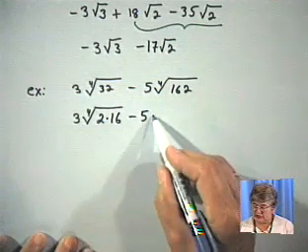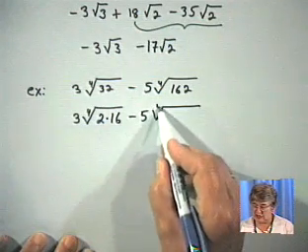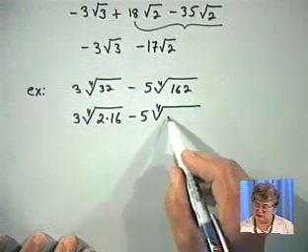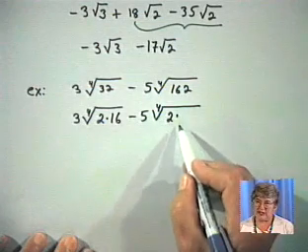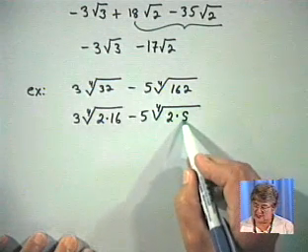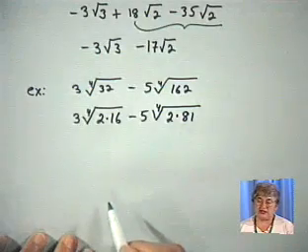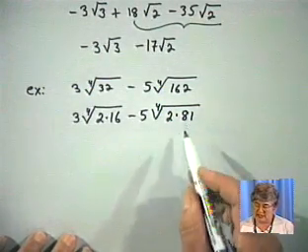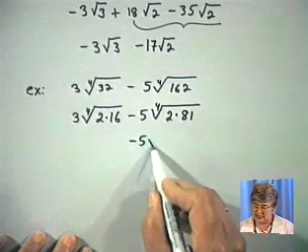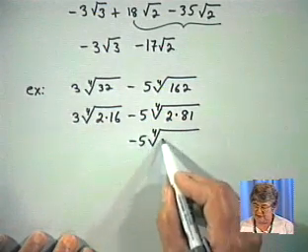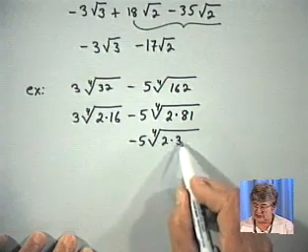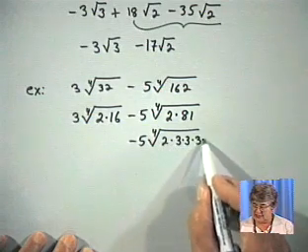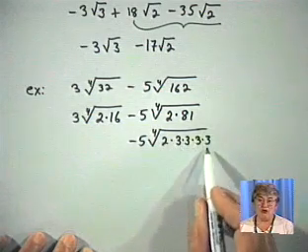For 162, well, that may be a little bit harder to see, but it's an even number, so we know we can write it as 2 times something. 162 divided by 2 is 81. 81 is the same thing as 9 times 9, right? And 9 is the same thing as 3 times 3. So 81 is 3 to the 4th, four factors of 3.